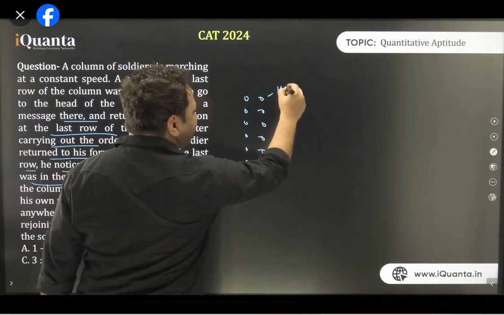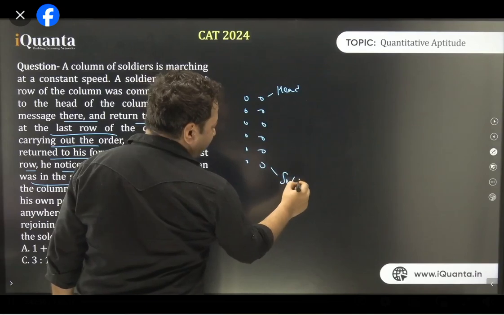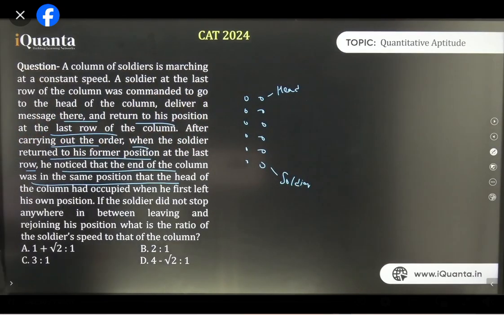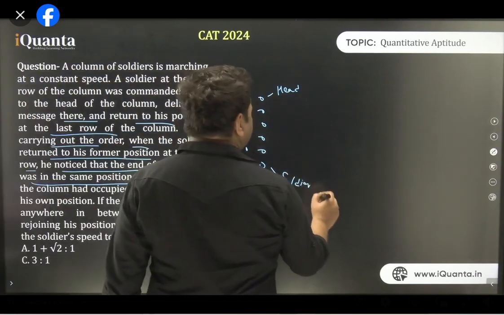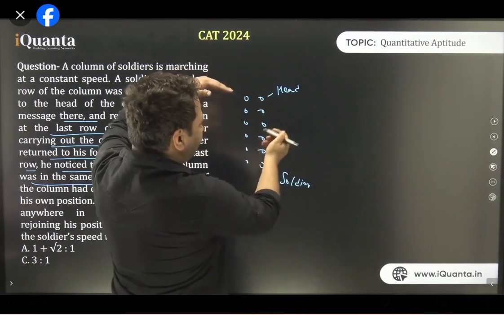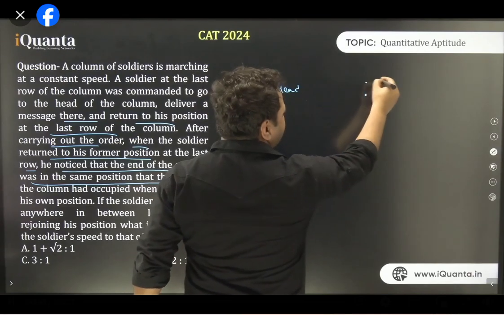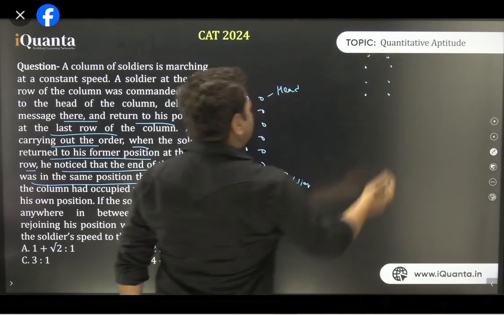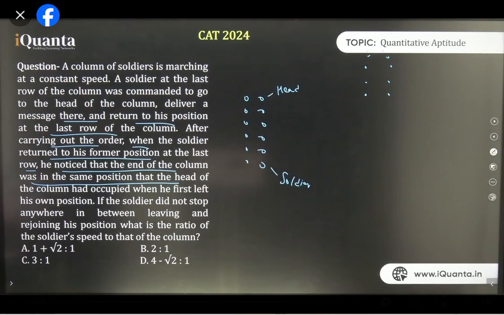So let's say this is the head, and this is the soldier who had to deliver the message. Okay, they are moving. So the soldier goes to the head, delivers the message, comes back, and he realizes that they have moved in such a way that the last row is here. Is that clear, everyone? So they have moved. Is that clear? Because everybody is moving, they must have moved to a certain extent.